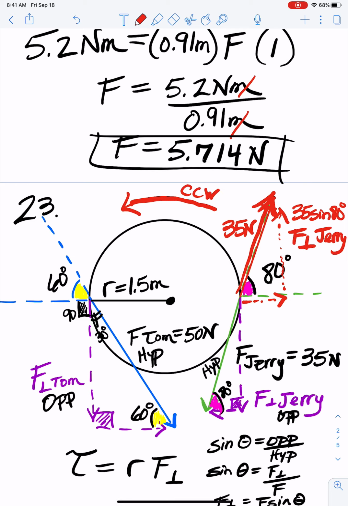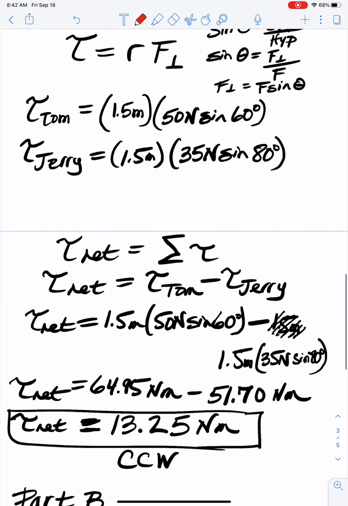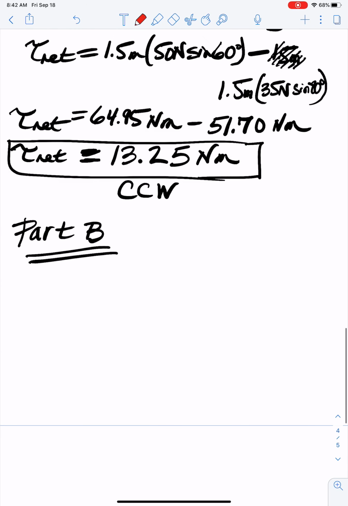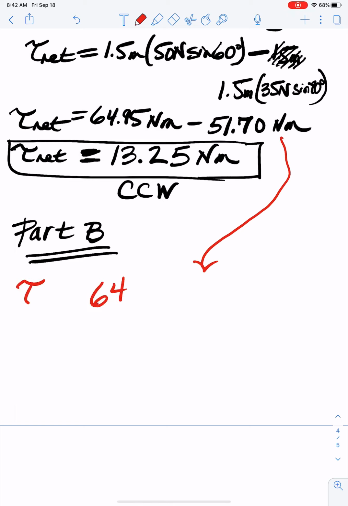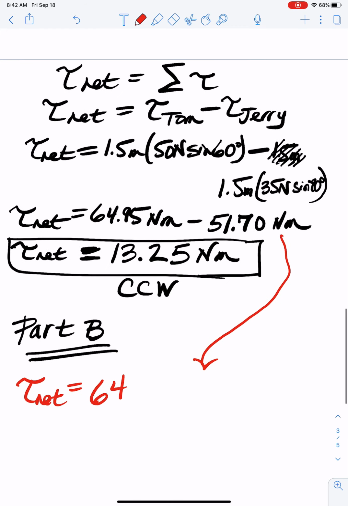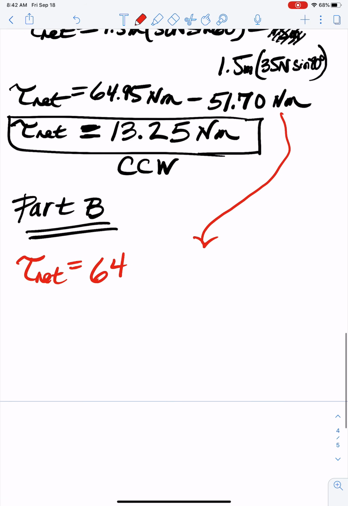So really all I have to do, if we're exerting the same torque, because R is still the same value as before, is take our torque from here and add it. Our net torque this time is still the sum of the torques, which we said before. But this time we are adding because both torques are counterclockwise.